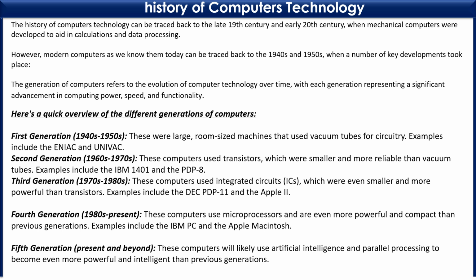So here is a quick overview of the generations of computers. We have the first generation, which was used in the 1940s and 1950s. The second generation was used in the 1960s to the 1970s. The third generation was used in the 1970s to the 1980s, whereas the fourth generation was used from the 1980s to present, because we still have people who are still using those old computers, which are basically fourth generation.